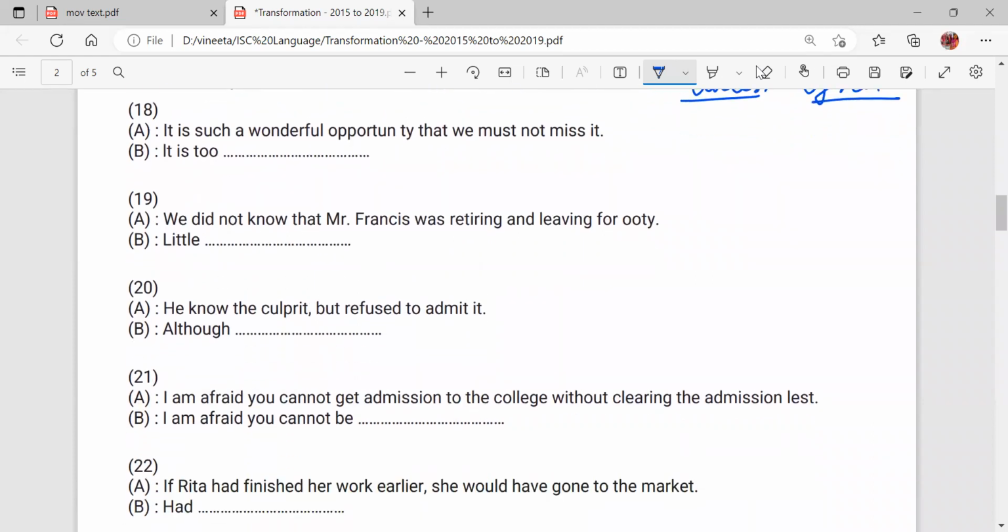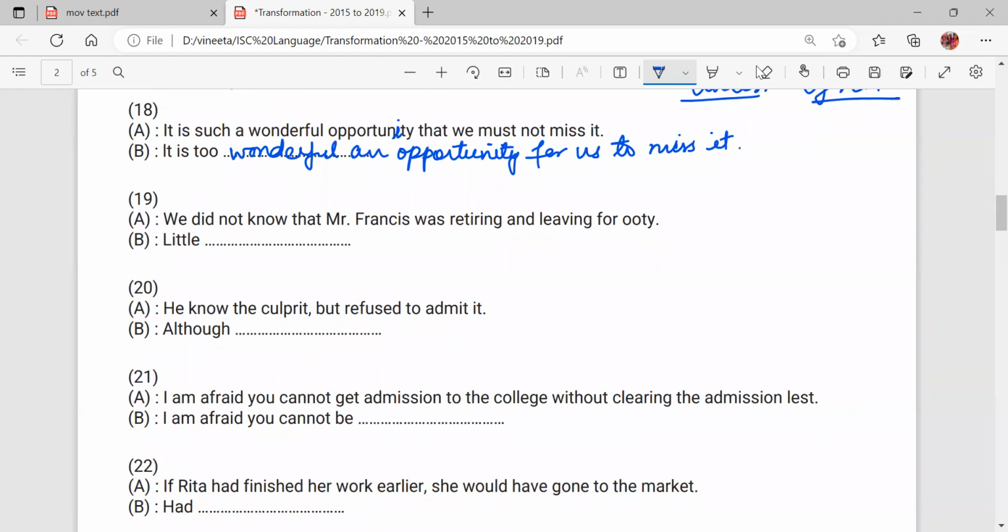Okay. Next is, it is such a wonderful opportunity that we must not miss it. It is too wonderful an opportunity for us to miss it.